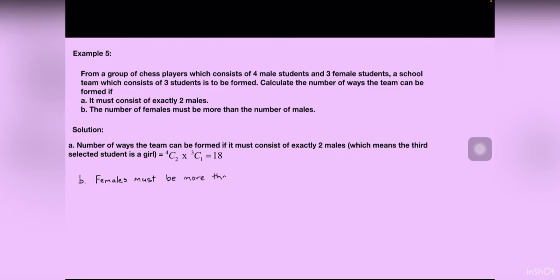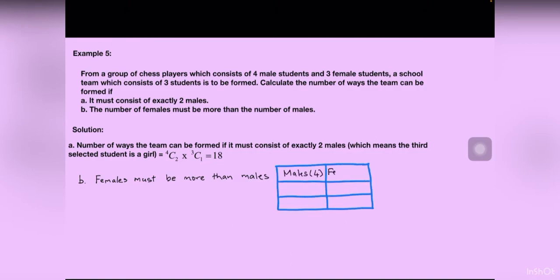B. The number of females must be more than the number of males. So we can construct this table. We have male students, and female students, we have 3. If you want females to be more than males, females equals 3 and no male students, because we need to have 3 students in the team, or 2 females and 1 male student, because females must be more than males.